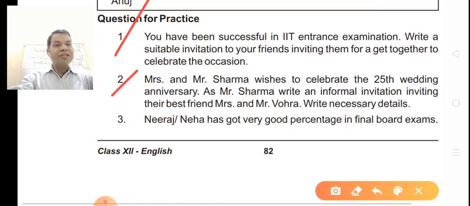Second: Mr. and Mrs. Sharma wish to celebrate their 25th wedding anniversary. As Mr. Sharma, write an informal invitation inviting their best friends Mrs. and Mr. Vohra, write necessary details.